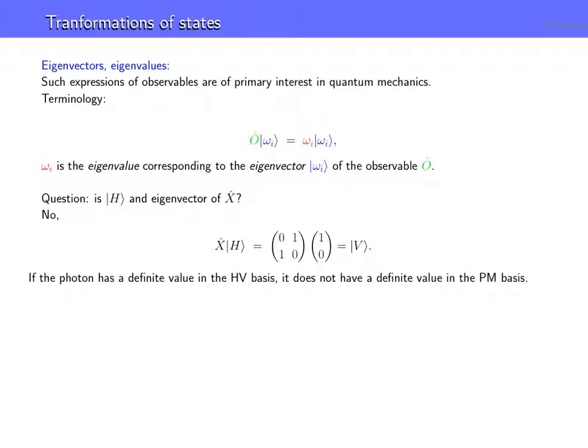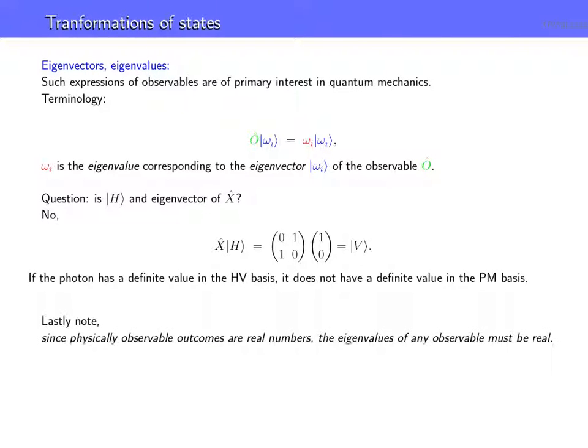And lastly, since we're talking about physical observables out in the real world, all of the properties we measure have quantitative outcomes that are real numbers. So that means that whenever we talk about our observables, the outcomes are real numbers. Thus, the eigenvalues of our observables must be real.